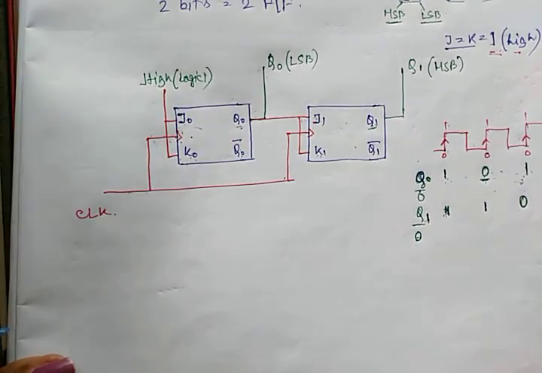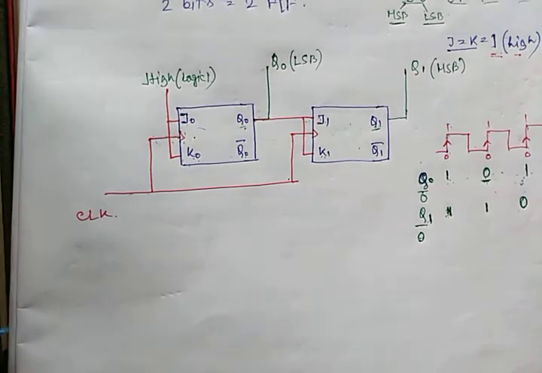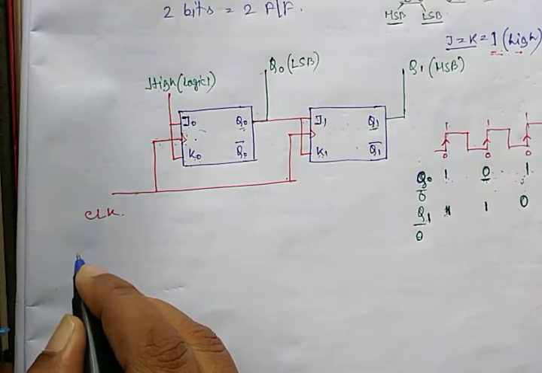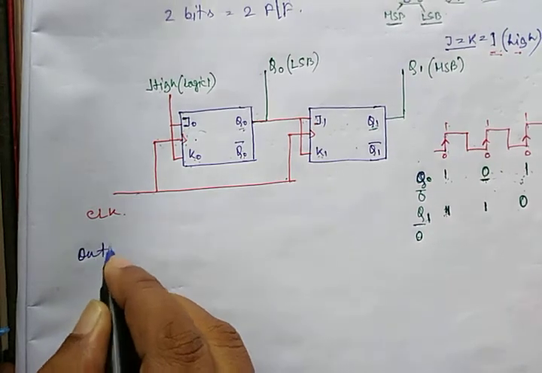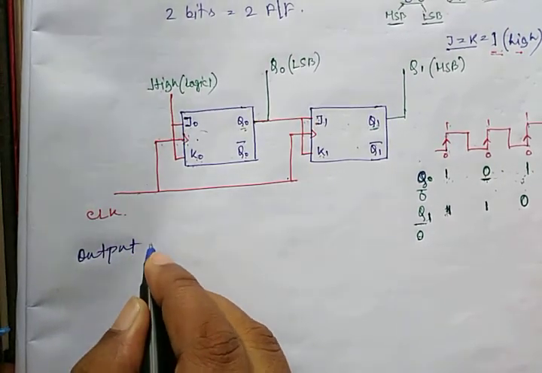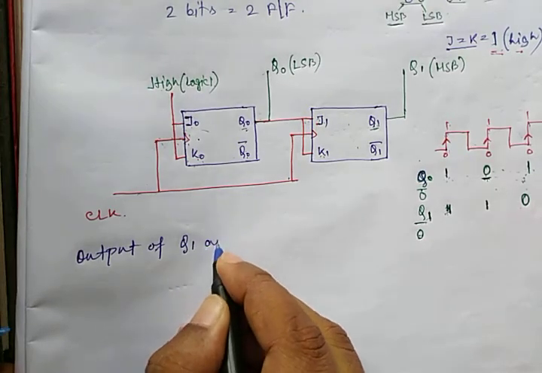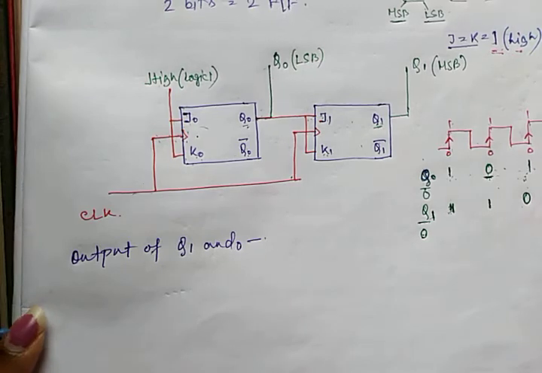Okay, so we can now come to a conclusion. We can come to two conclusions for the output value of Q1 and Q0. What will be the output of Q1 Q0?